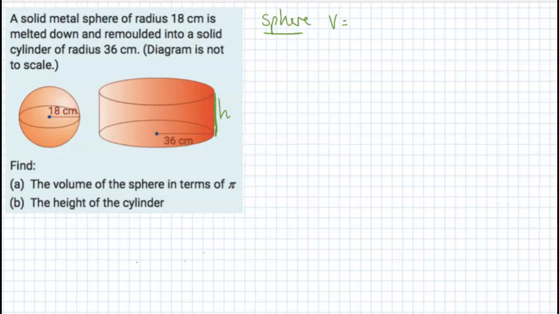Okay, we know the volume of a sphere is 4/3 pi r cubed. That's given to you in a formula book. In this instance we know the radius is 18, so therefore the volume is 4/3 times pi times 18 cubed.